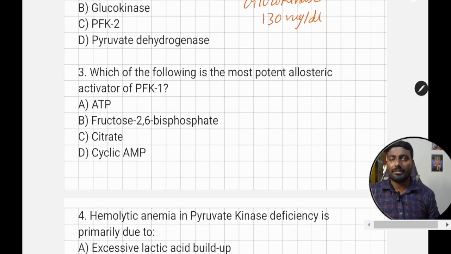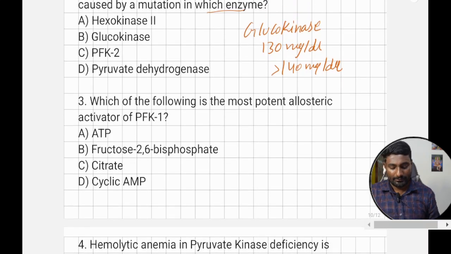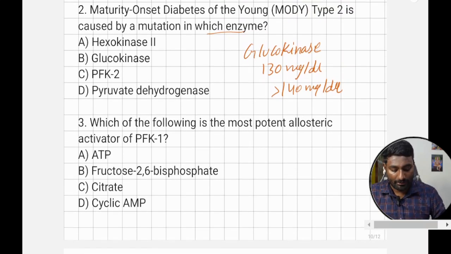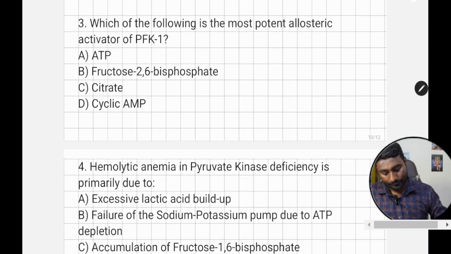But if there is any mutation in glucokinase, it will act only at a higher level, greater than 140 milligram per deciliter, so it will lead to this disease, maturity onset diabetes of the young type 2. Usually it is not noticeable, but sometimes, particularly in pregnant ladies, when they go, they will definitely check the sugars and unknowingly it will be found out. Okay, it is your glucokinase.